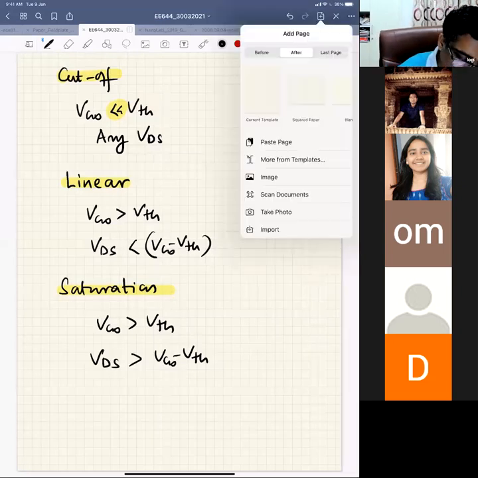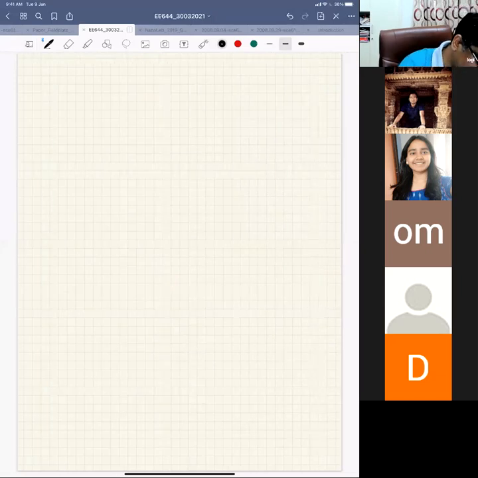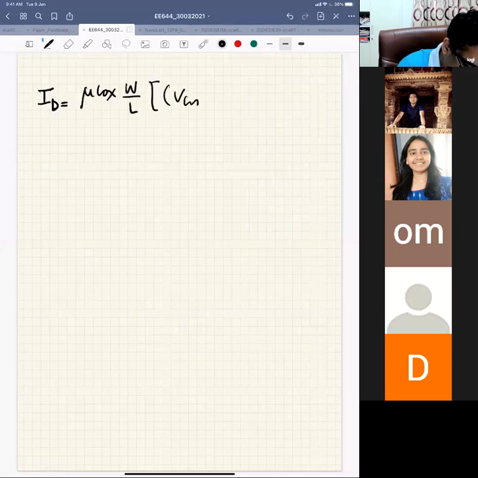So if I go back to the equations, your ID is mu Cox W by L times VGS minus VTH into VDS. This is my universal equation, and this is the equation that I derived.